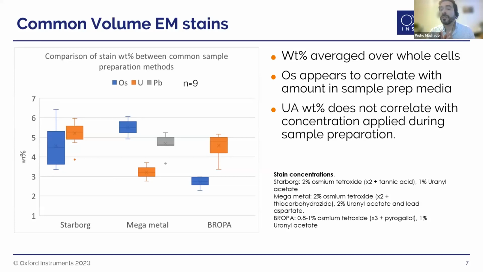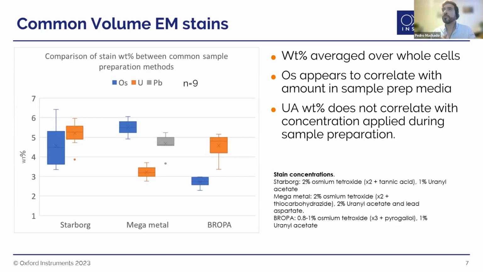The first thing we can see is that the osmium, in blue, appears to correlate with the amount of osmium that was actually put in the sample initially. A high concentration of osmium gives you a high weight percentage of osmium in the final sample.